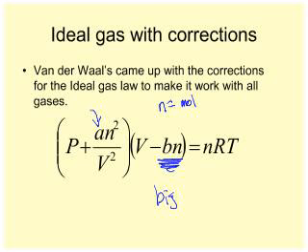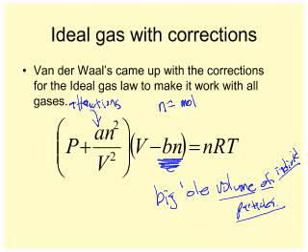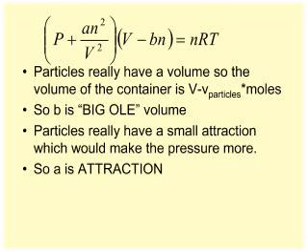B is the volume of the particles, not as a group, but individual particles. And A stands for attractions. We like to ignore the attractions, but they're there. Kind of like we like to ignore our girlfriend's friends, but they're there.